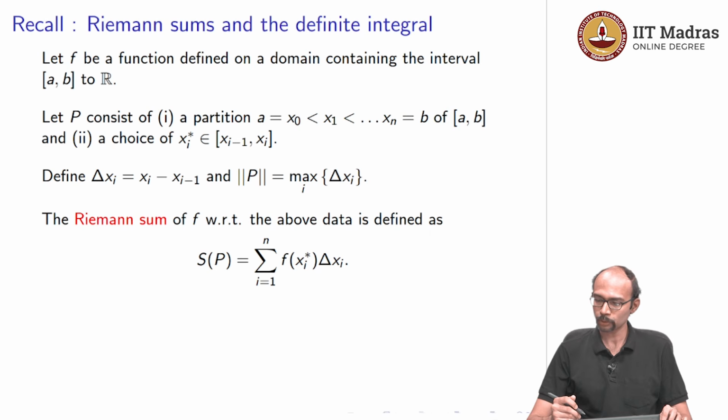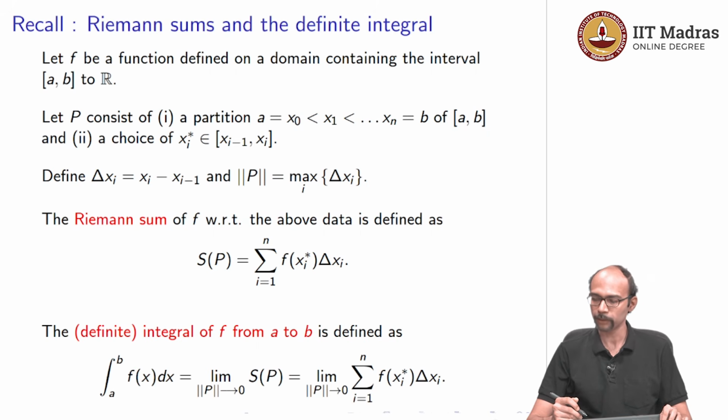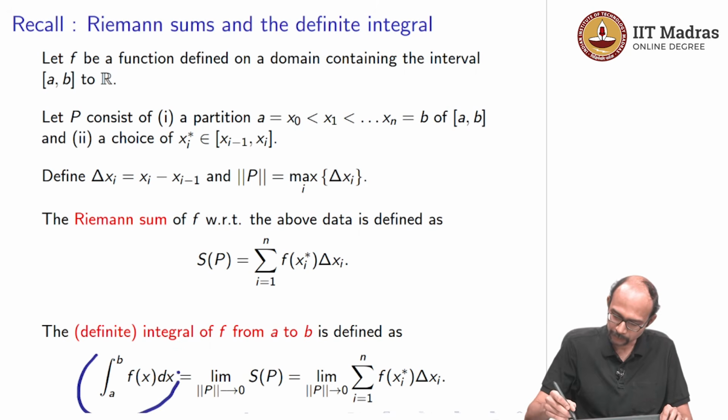So, this was supposed to approximate that, and as we made our partitions finer and finer, the idea was that it will indeed approximate the area, and that was the definition of the definite integral of f from a to b. It was defined as the limit as norm P tends to 0 of the summation of f of xi star times delta xi, and the integral was denoted by this symbol.